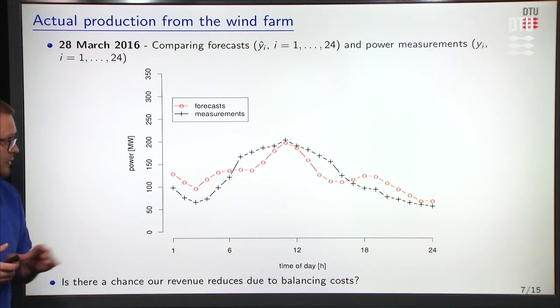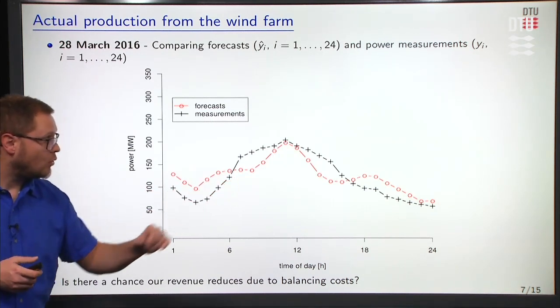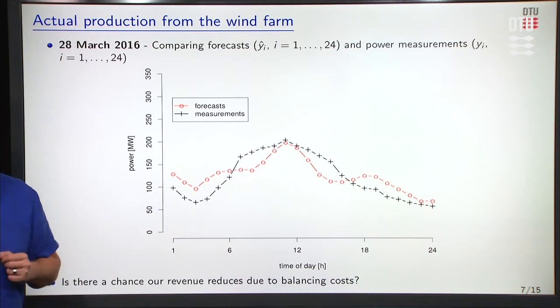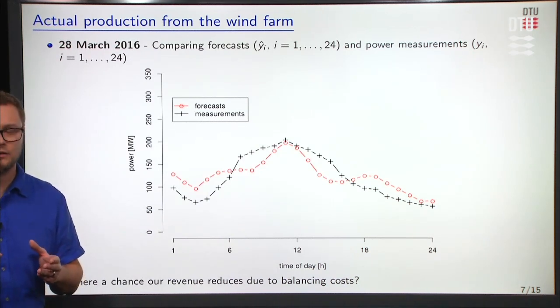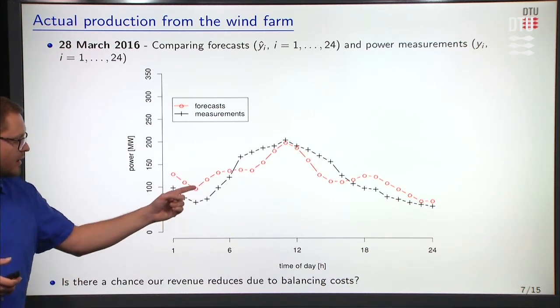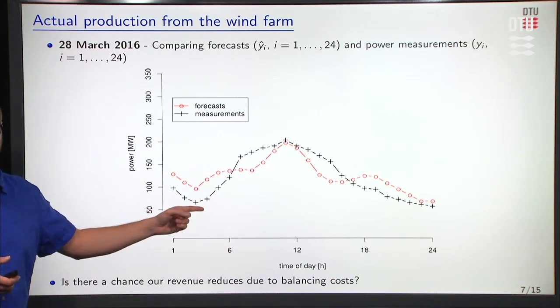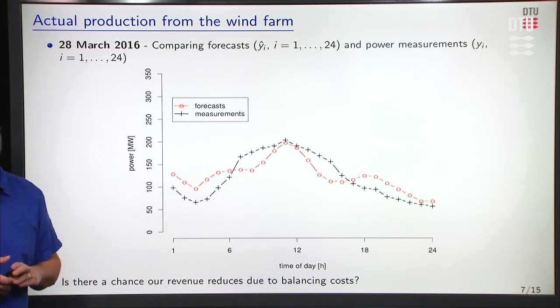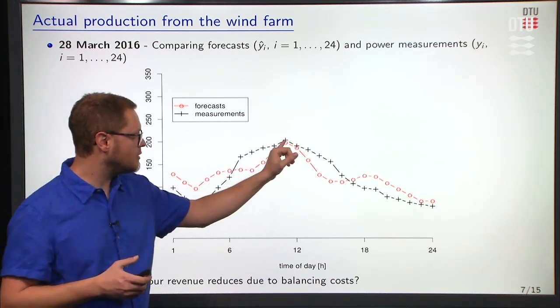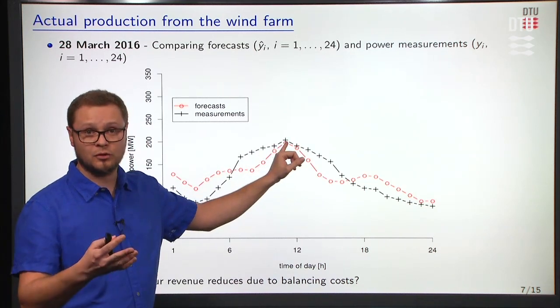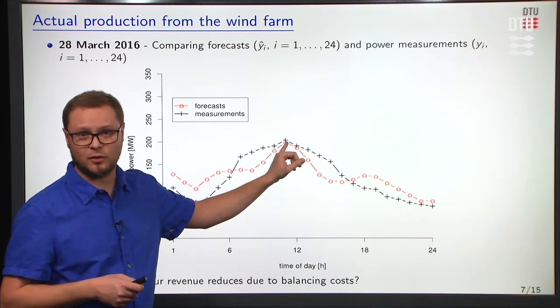For certain hours, like here, we produce less than what we got scheduled for based on our forecast. So that means in terms of imbalance, we're going to have to pay for the lack of energy to compensate for this difference. For some other hours, we actually produce more than what we've been scheduled for.